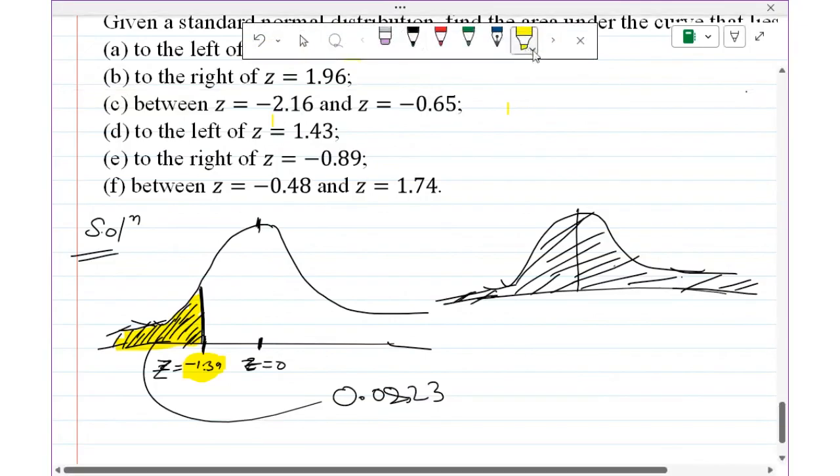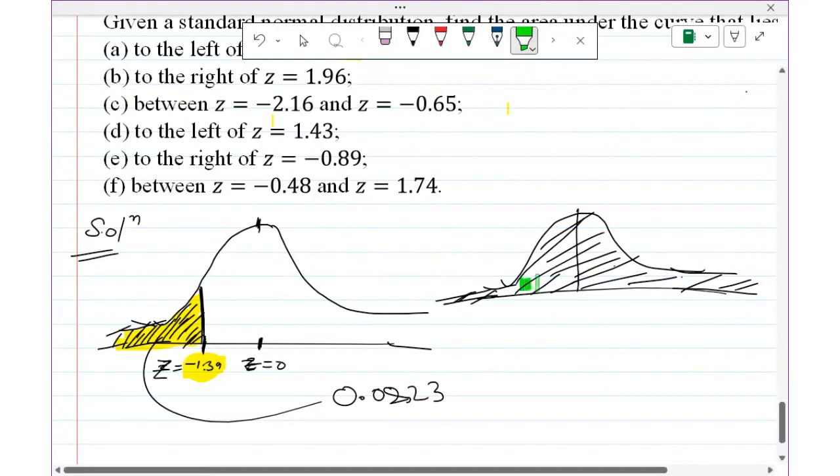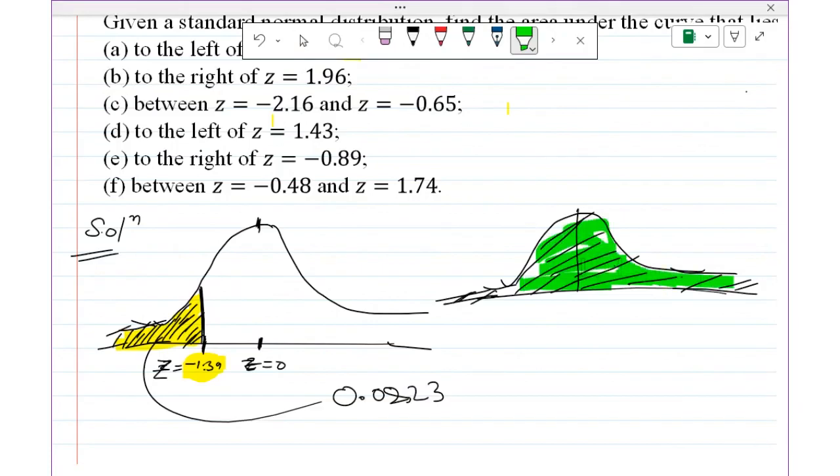I'm asking about this whole thing, how much total area is there under this graph. So the total area under the normal graph or standard normal graph is 1.